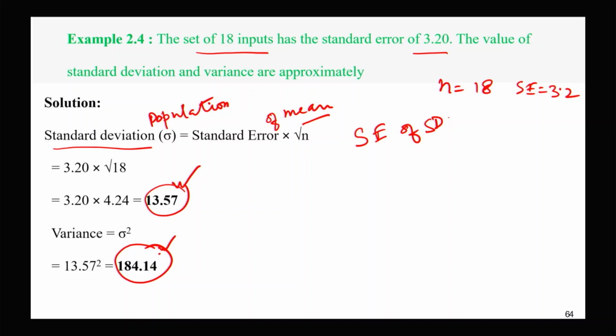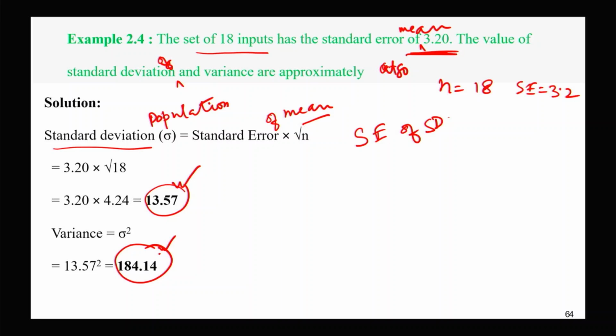and from this, now this is one, and also in this numerical, standard deviation means standard deviation of population, and this is standard error of mean.